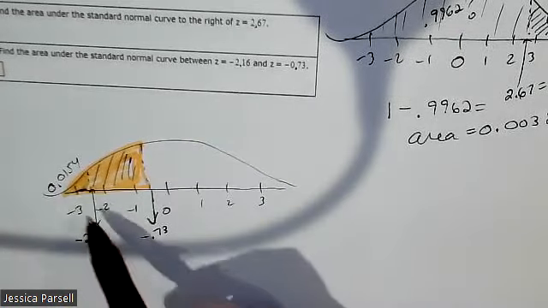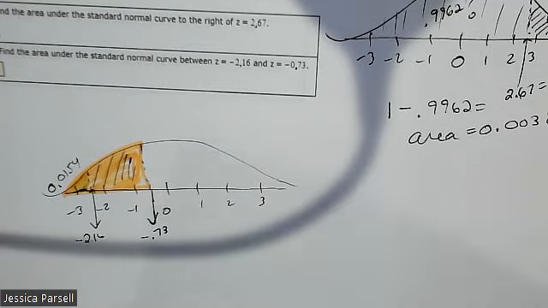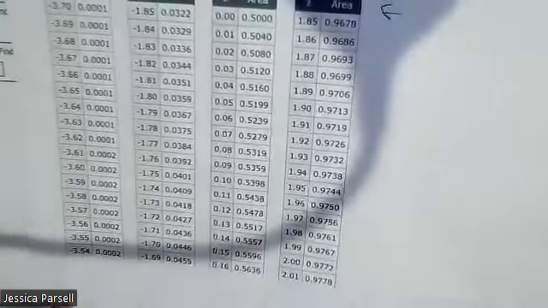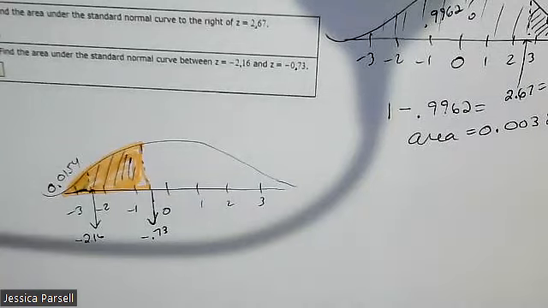Okay, so like 1.5% is right there. Now I'm going to try to find the area that corresponds with a z-score of negative 0.73. All right, that's going to be 0.2327.